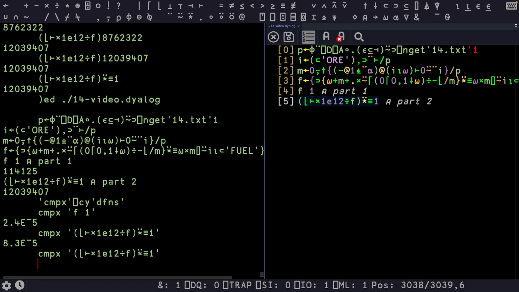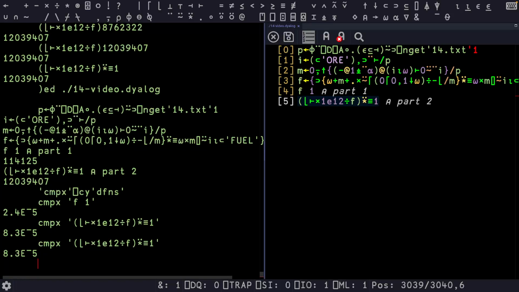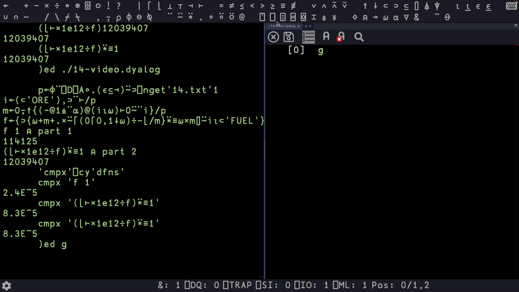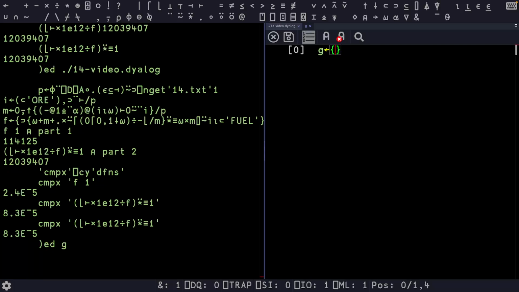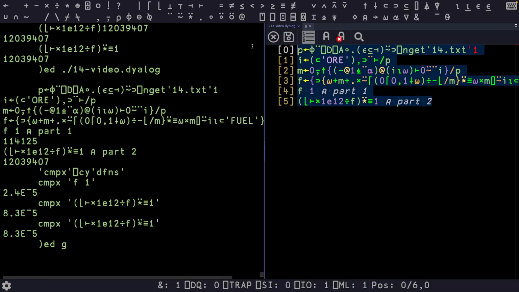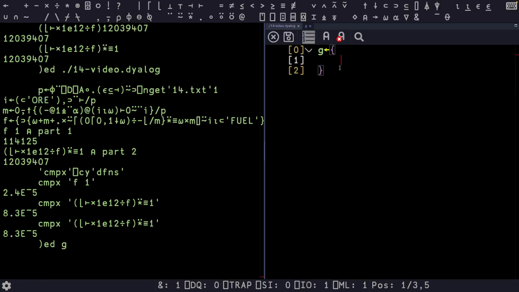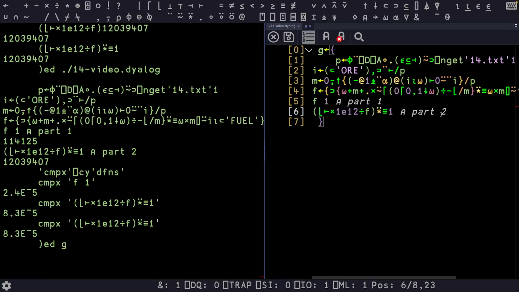So, it's pretty wild that you can do all those calculations so quickly. Let's see, if I was going to do the whole thing, including the parsing and building the matrix and everything, we can build a function g like so, and pull this stuff in. And now we can assign this to P1, and this to P2.